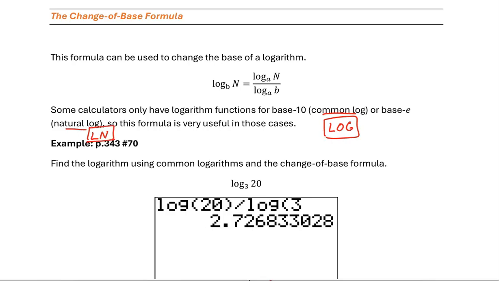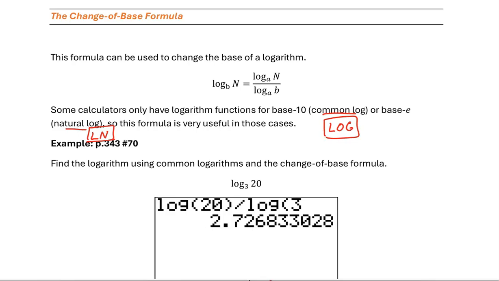So if you don't have the newer operating system, as I was saying in video number 1, then you can't do a log base 2 or a log base 3 or a log base 5 on your calculator. You can't have it calculate.